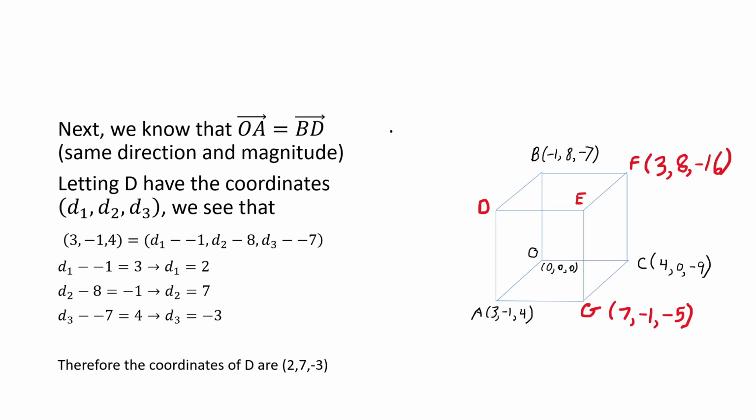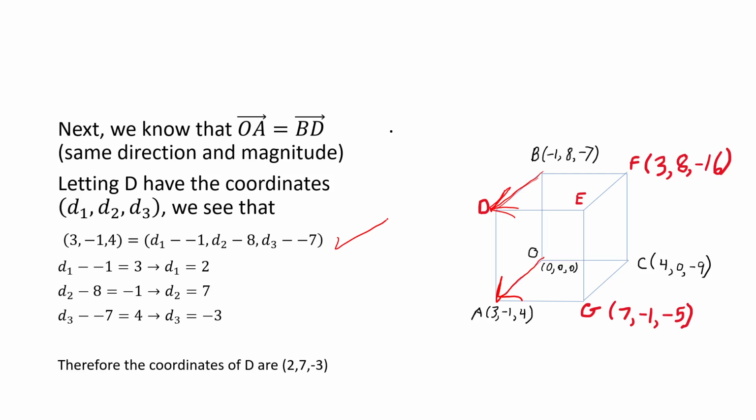And from here, the question is pretty similar for the rest of it. We are going to look at point D, and we're going to see that the vector from B to D will have to be equal to the vector from O to A. So the vector from B to D will have to equal 3, negative 1, 4.